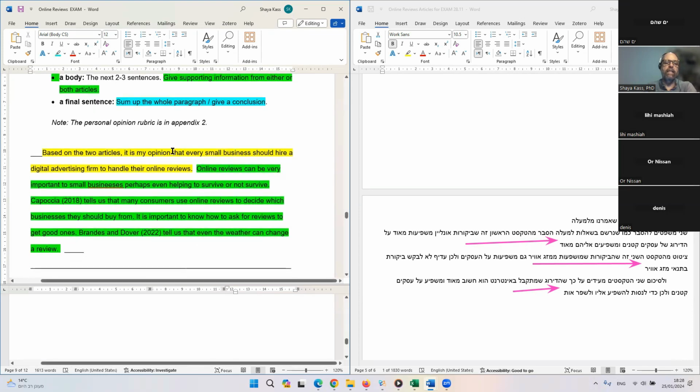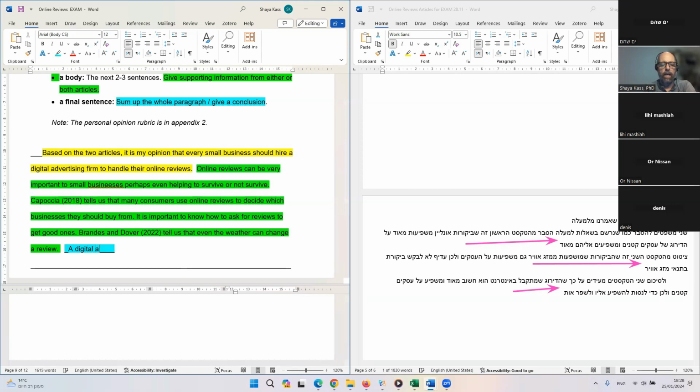So if the first sentence says that every small business should hire a digital advertising firm, I'm going to say here, a digital advertising firm can help small businesses have good online reviews.